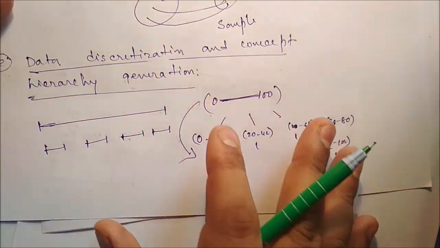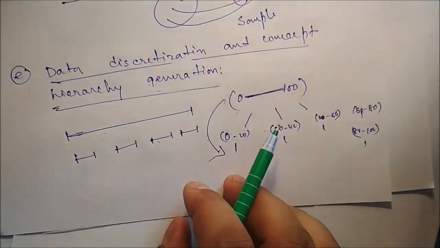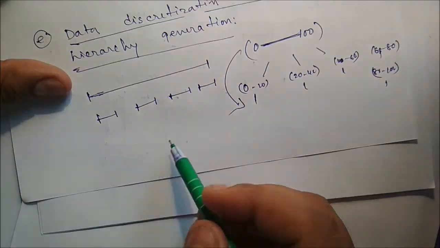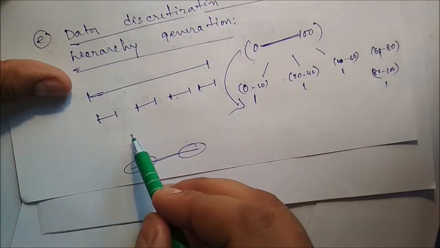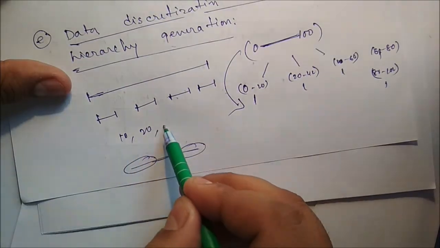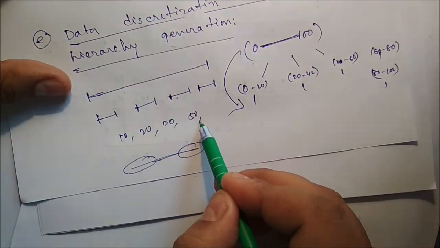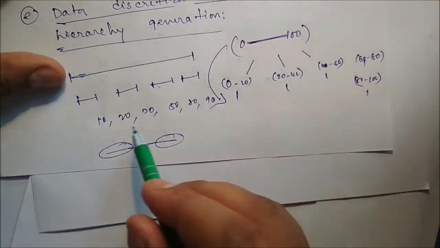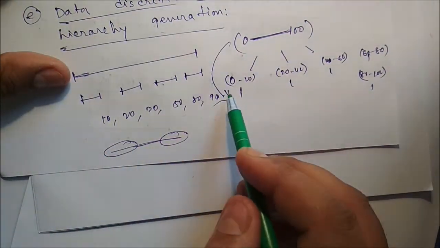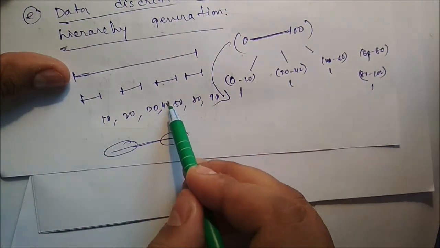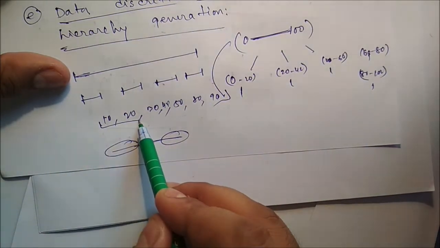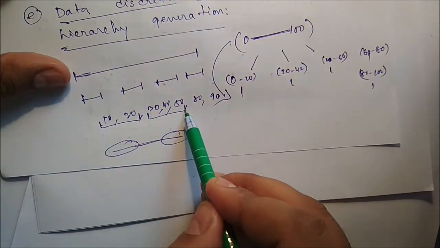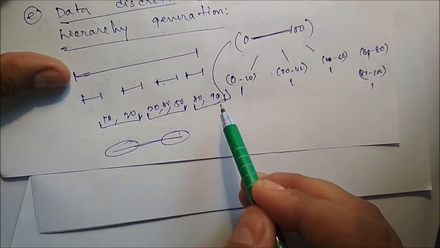In concept hierarchy, we convert low level concepts to high level concepts. Suppose ages are there, say 10, 20, 30, 45, 50, 80, 90. We can group the data into discrete high level concepts. Say 10 to 20 is young, 30 to 50 is middle aged, 80 to 90 is senior citizen.